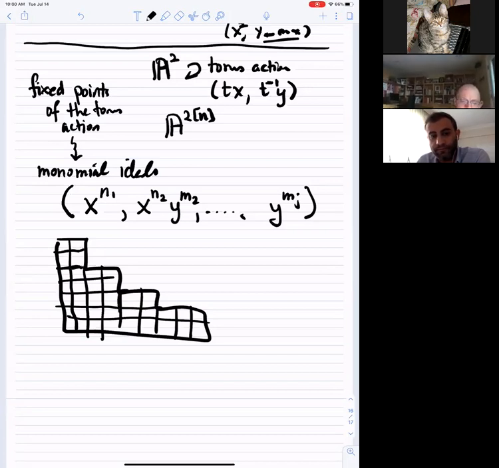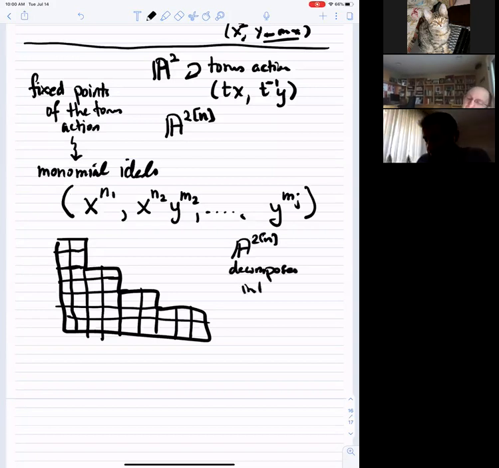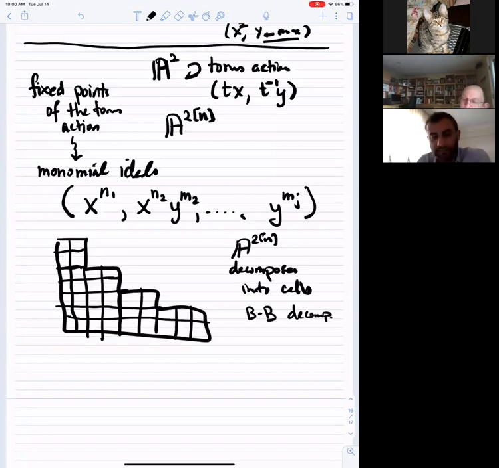And then you can decompose the Hilbert scheme into cells. This usually goes under the name of Bialynicki-Birula decomposition. Then you can study the geometry in terms of these combinatorial objects.